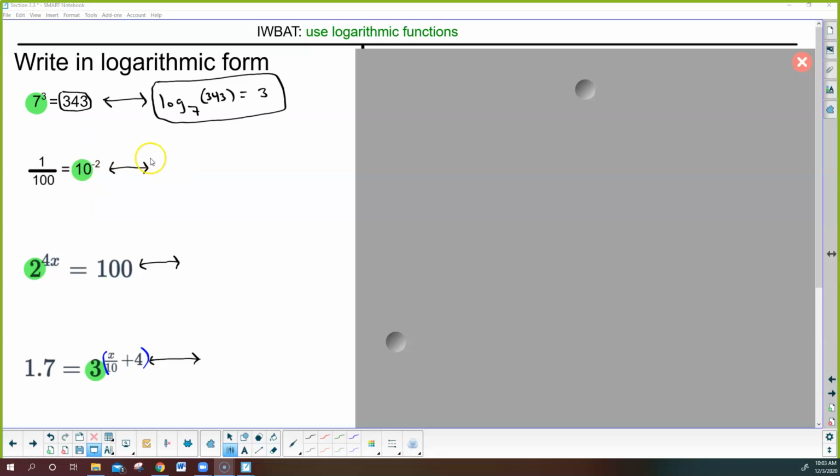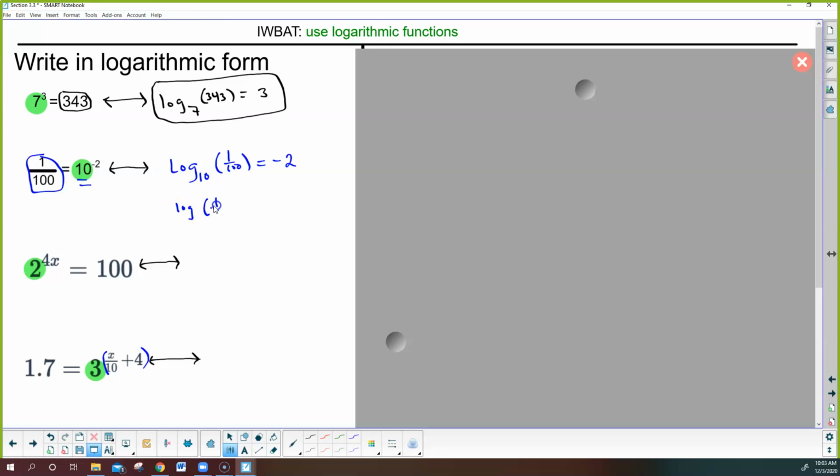Okay, so let's go through this quick. We want to turn every single one of these exponential forms into a log. So I highlighted the base, so that's going to be a log base 10, and then we take the answer. It's always taking the log of the answer, and that has to equal the exponent originally. Now, there's 2 ways to write this problem. You could write it this way, or notice how it's base 10.